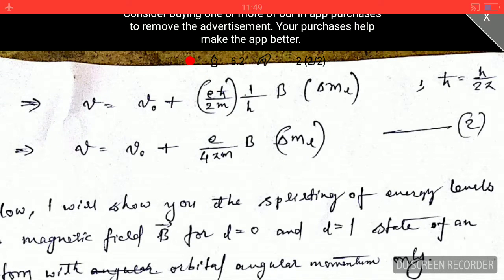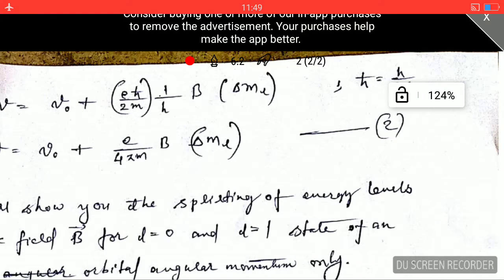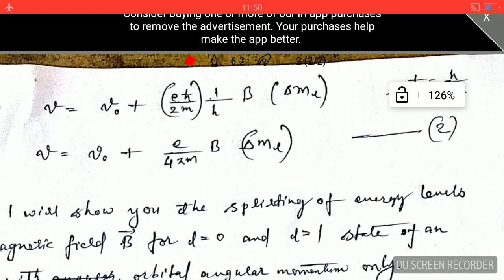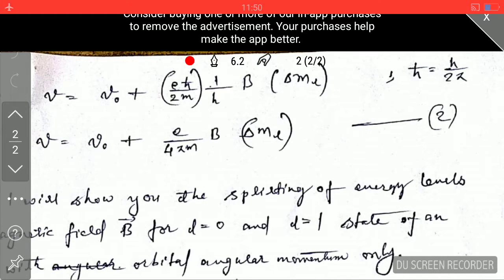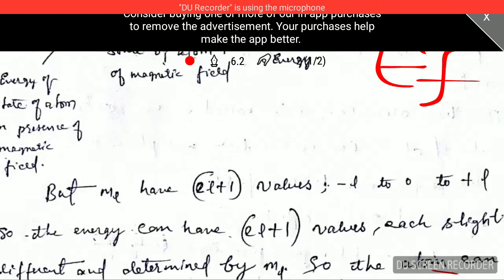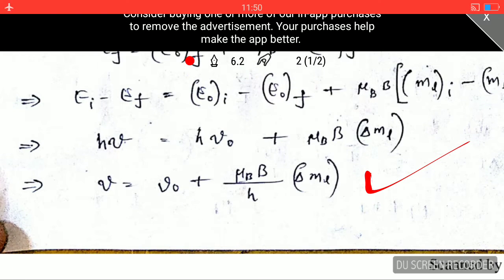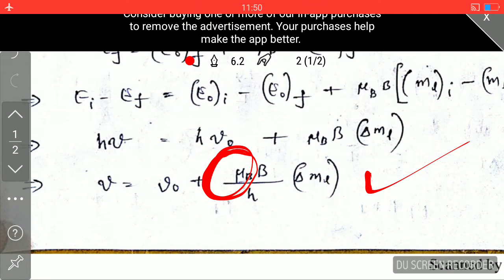In that equation I have substituted the values. So in this equation I will further substitute the value of the Bohr magneton.